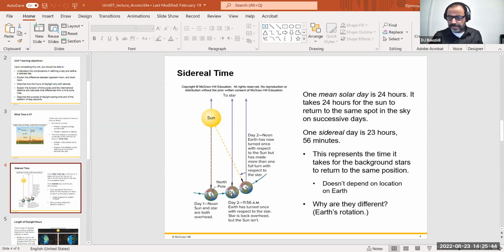So as it moves, my noon is not really noon now if the Earth just rotates one full circle. I have to wait an extra almost 4 minutes for it to catch up so that the sun again crosses the meridian. Okay, so that is an additional time. For me, the way I define the day, from noon to noon is 24 hours.